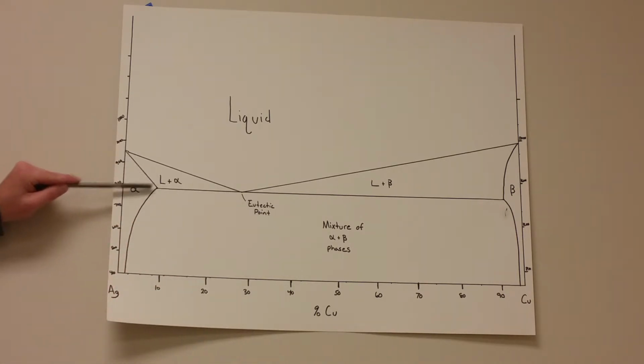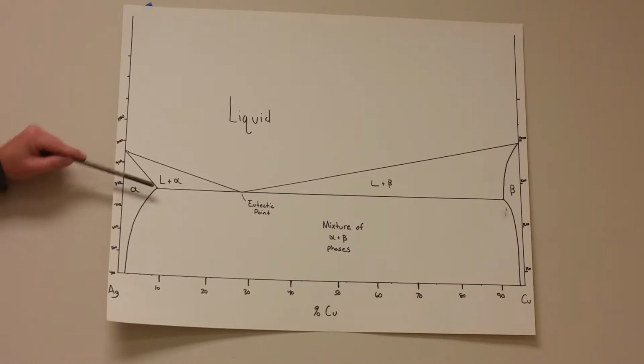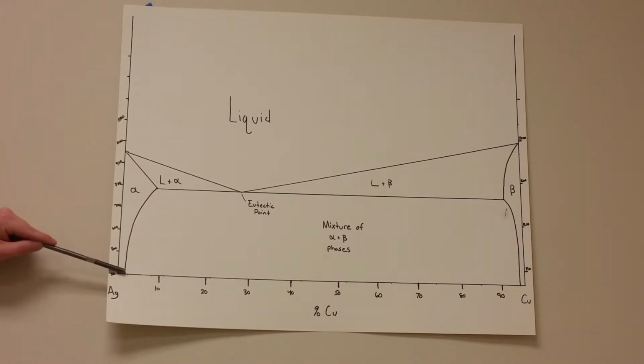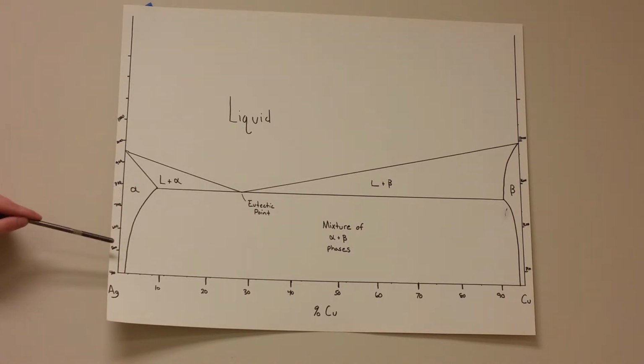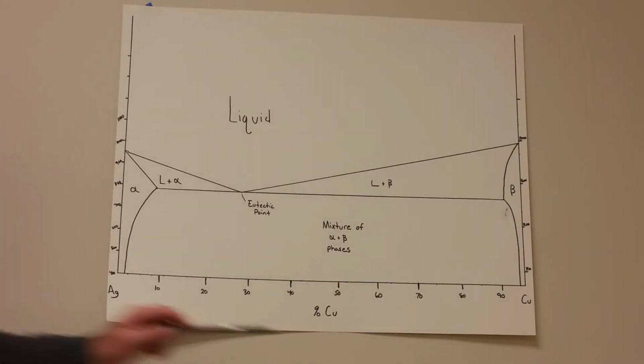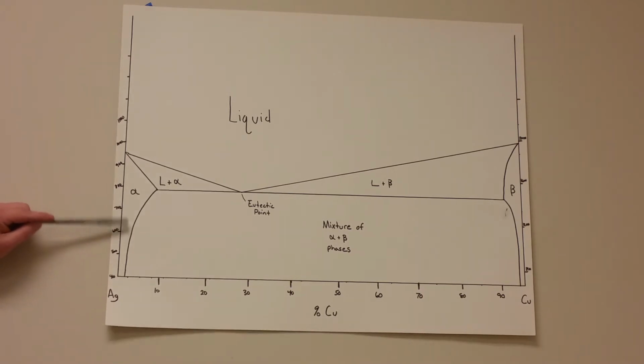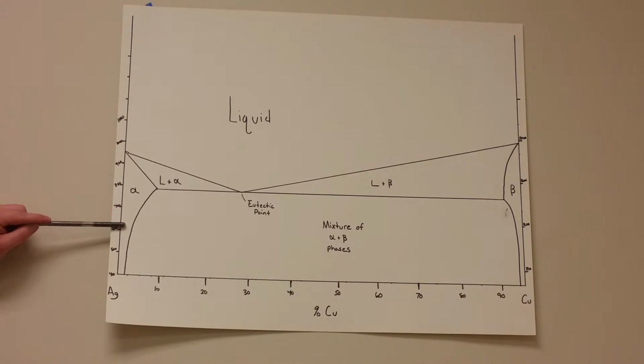As you can see, there is an alpha region. This here is the solvus line. This is the line that dictates at a certain temperature what percentage of copper can be present in the composition at any given temperature.